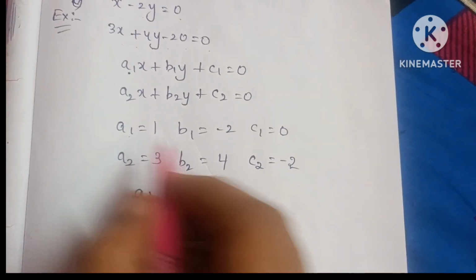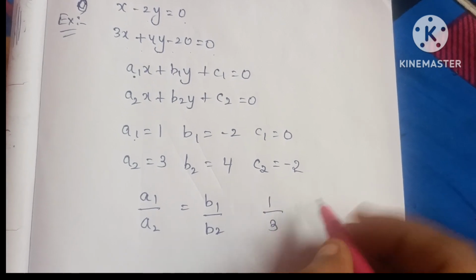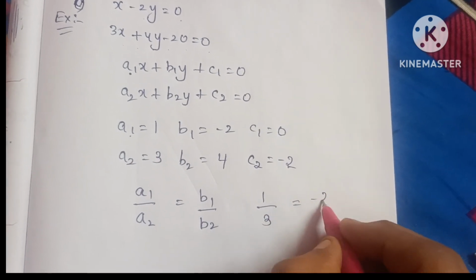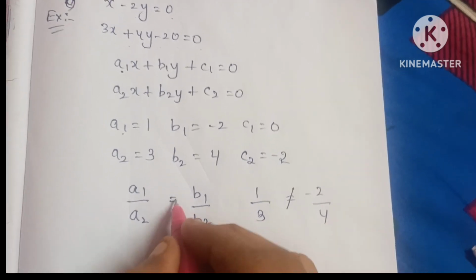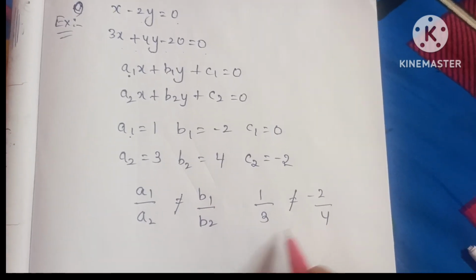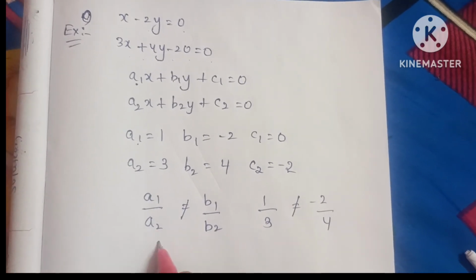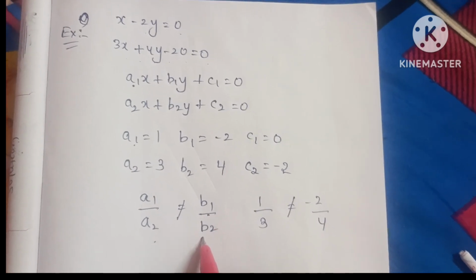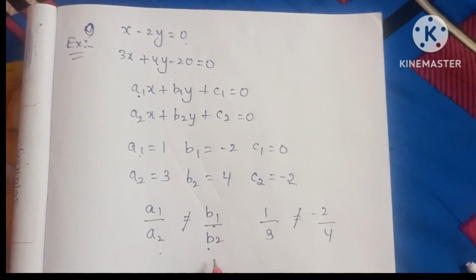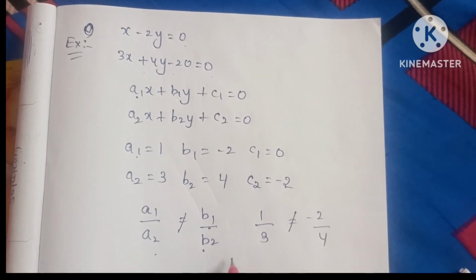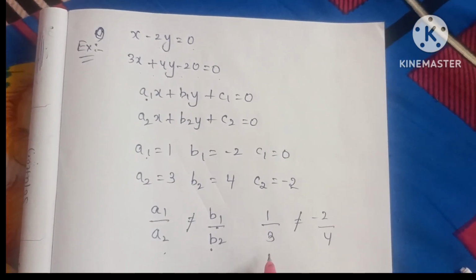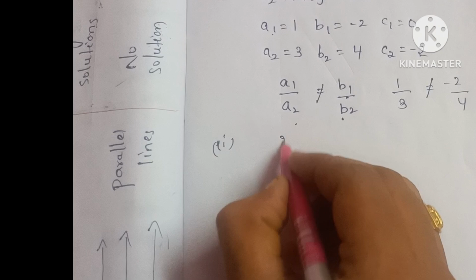Here, see, what is a1 by a2? 1 by 3, and b1 by b2 is minus 2 by 4. Is this equal? No, not equal. a1 by a2 is not equal to b1 by b2. That time, this is a unique solution. Yes, this is unique. Next, I will take another example.